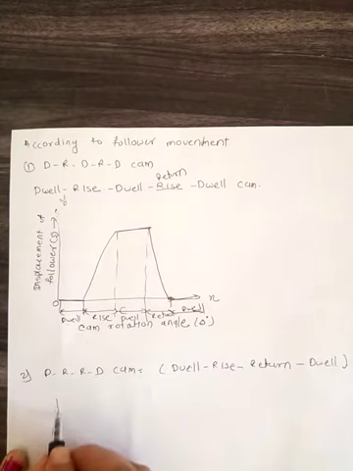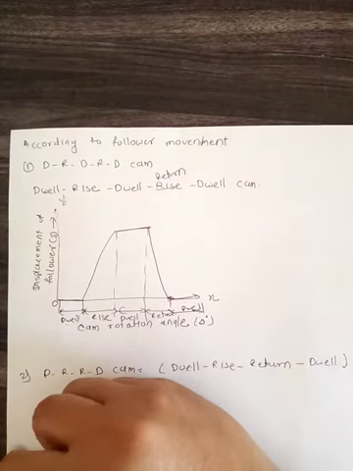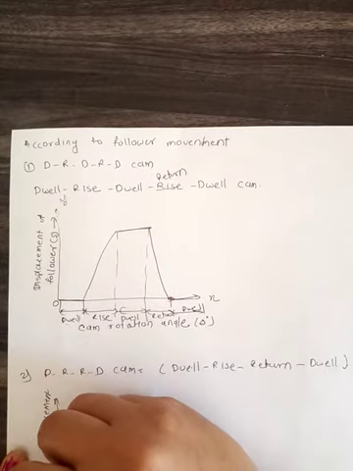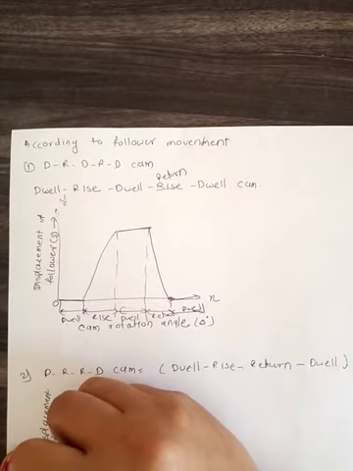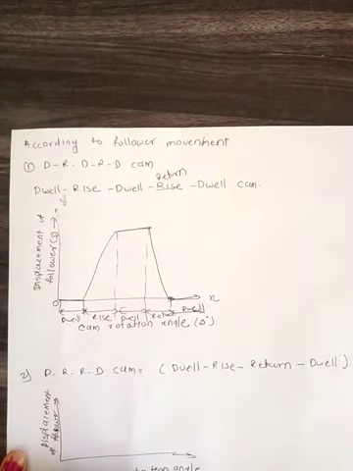How is it drawn? It is drawn against the cam rotation angle, and this is the displacement of the follower, this is the 0.